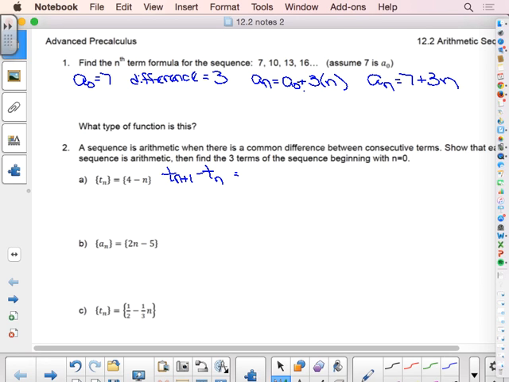So in this case, it's going to be 4 minus (n plus 1) minus (4 minus n). So that becomes 4 minus n minus 1 minus 4 plus n. So that common difference d that we talk about in an arithmetic sequence is -1.